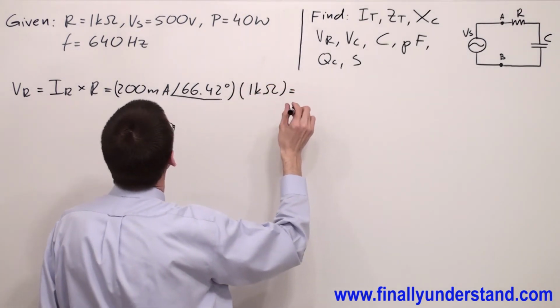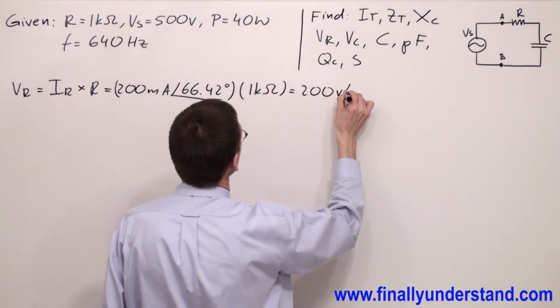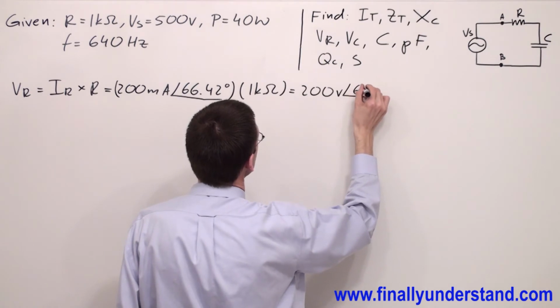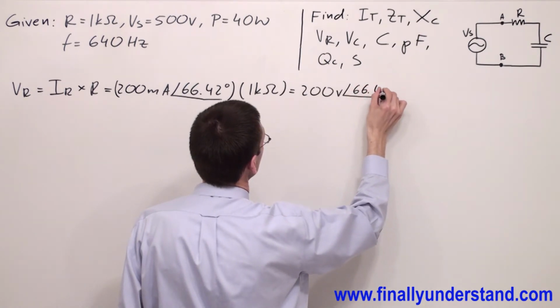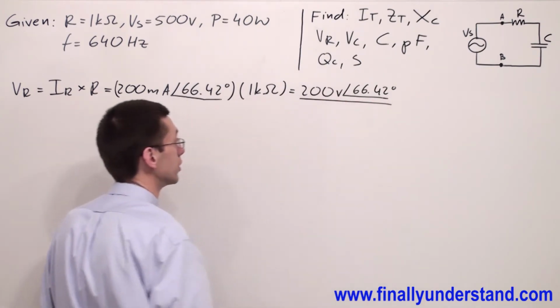This is equal to 200 volts and angle of 66.42 degrees. This is the voltage drop across the resistor.